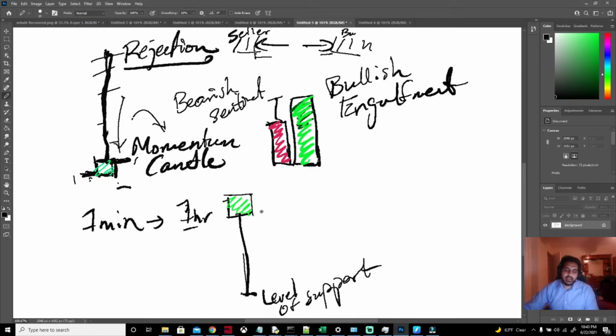And then this is affirmed. So these are rejections and this is affirmations. So it affirmed the price. Sellers tried to push it down, but the buyers made sure that the price stays around that area. So that would be the bullish sentiment.